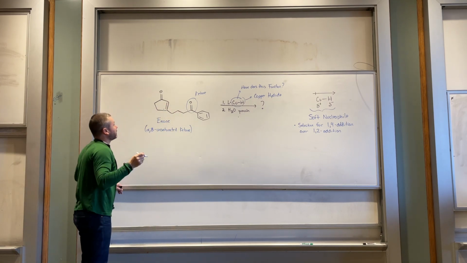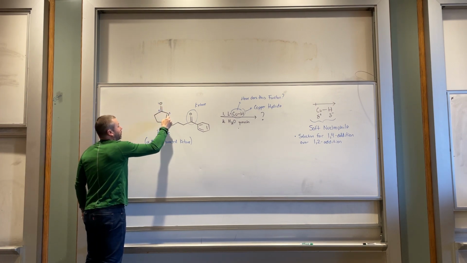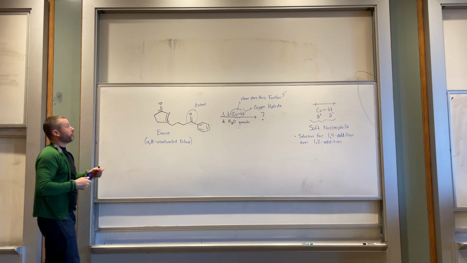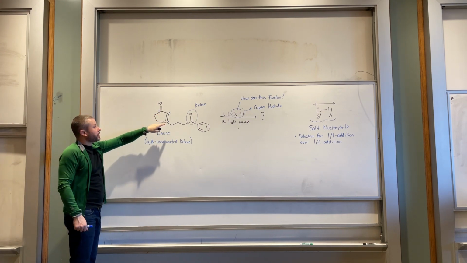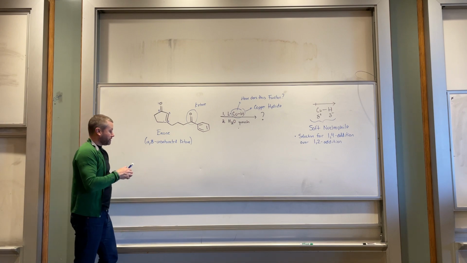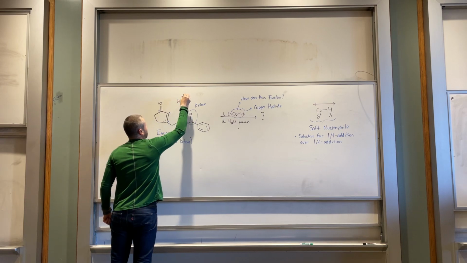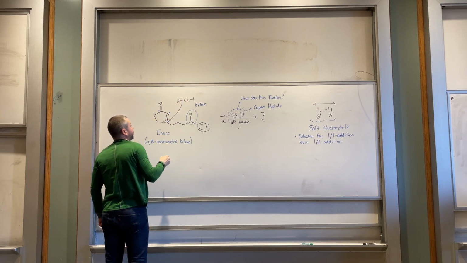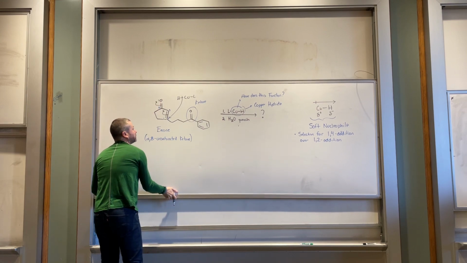So when we look at the functionality that we have here, particularly in the enone, you can see there are 4 atoms that make up that functional group. Right? 1,2 addition would deliver a nucleophile to carbon 2, and then 1,4 addition would deliver a nucleophile to atom 4, carbon 4. Right? So when this addition takes place, the hydride is going to be delivered to carbon 4, and then those electrons will be pushed all the way up to the carbonyl.